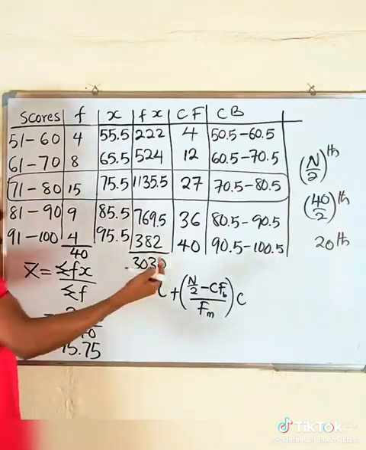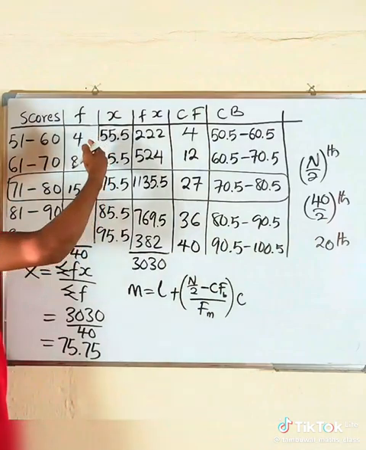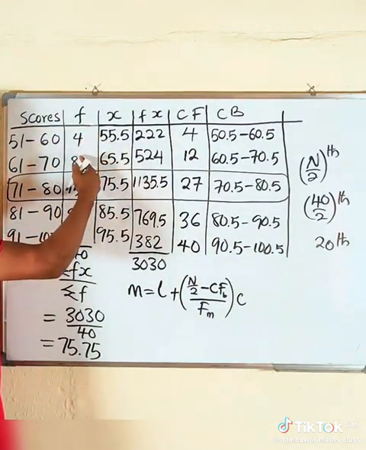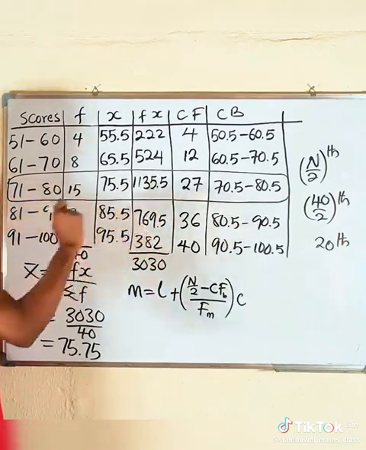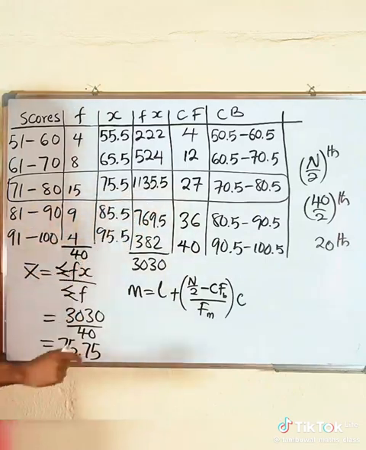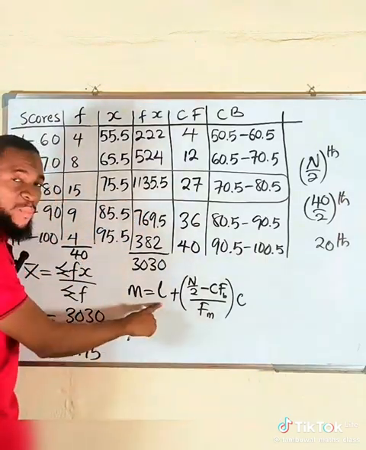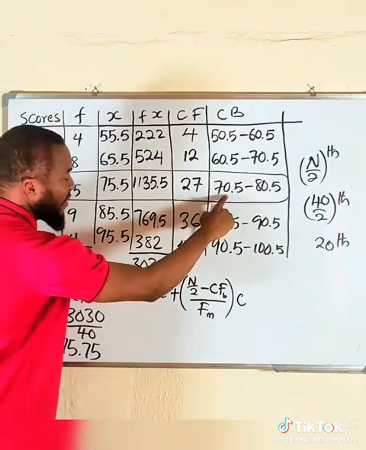Another way you can do that, since you got 20, you can come under frequency, keep on adding. This plus this, you keep on adding till you get to a position where 20 is located. So since we have seen that this is the position, what is the lower class boundary of that class? Is 70.5.